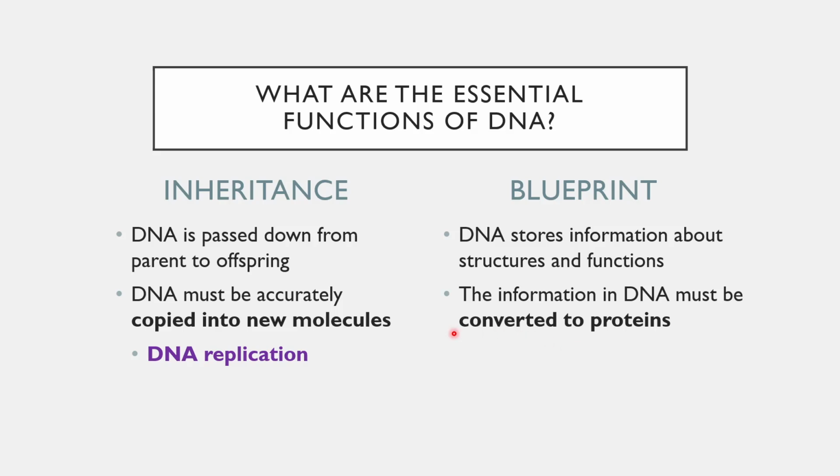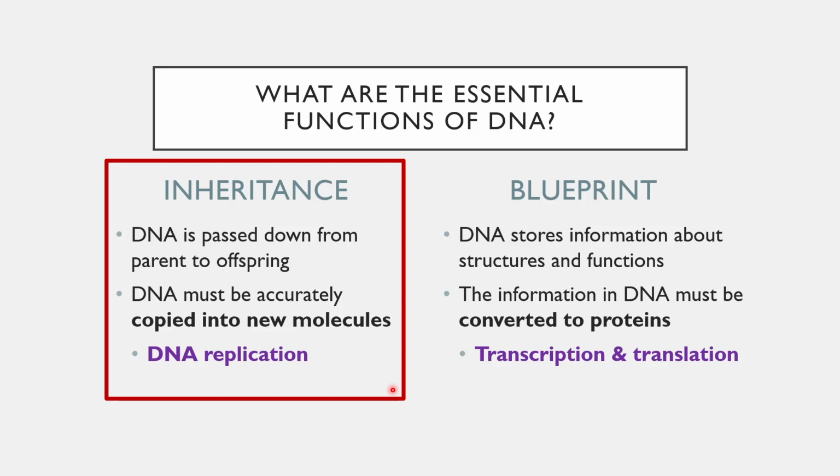So the information encoded in a DNA molecule has to be used to produce specific proteins, like in humans, for example, keratin in your hair and nails, muscle tissue, and bones, and that is how the information in DNA is carried out. The process of this happening is called transcription and translation, so we'll be talking about these processes too. But first, we're going to discuss inheritance and the process of DNA replication that makes it possible.